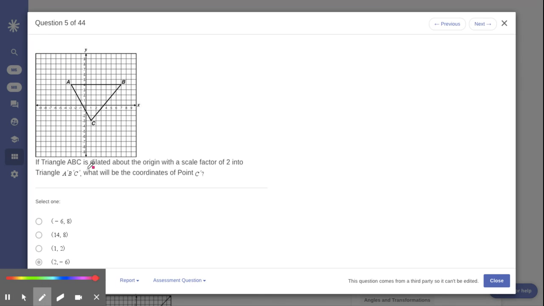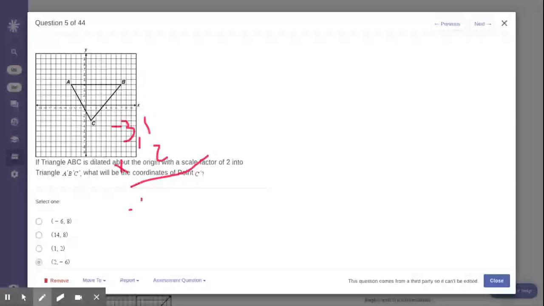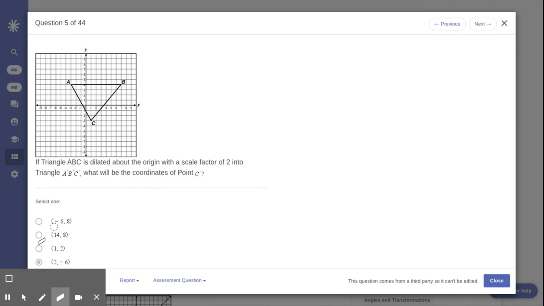What will the coordinates of point C be? So here's point C now. Point C is at -3, 1. And I'm doing a scale factor of 2. So guess what? I'm going to multiply everything by 2. Or I have those backwards, don't I? You should have told me that.